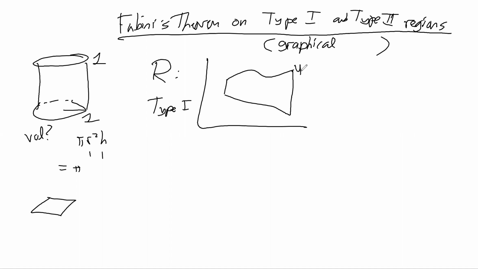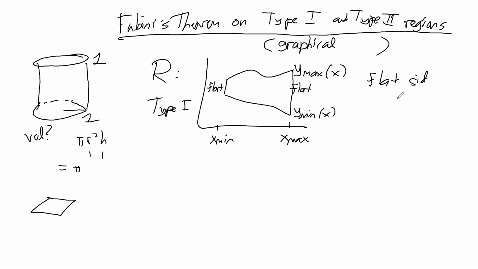And the key feature is there is a graph on top and a graph on bottom. And these sideways things, they're constant, so it's flat. Flat here, and it's flat here. And this is x min, and this is x max. So flat sides plus graphical sides equals, if this is x and this is y, then it's type 1.